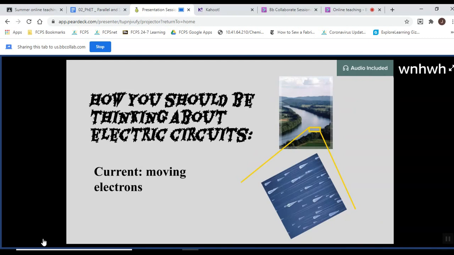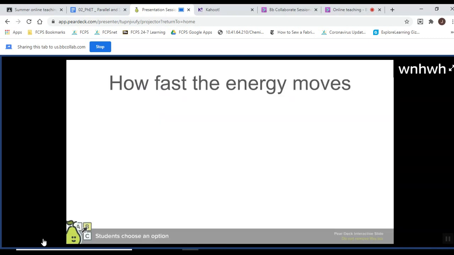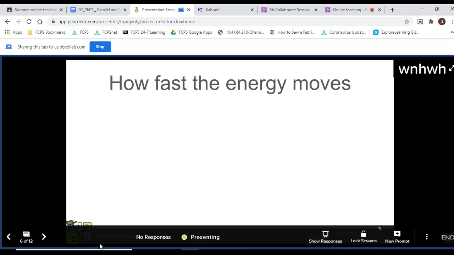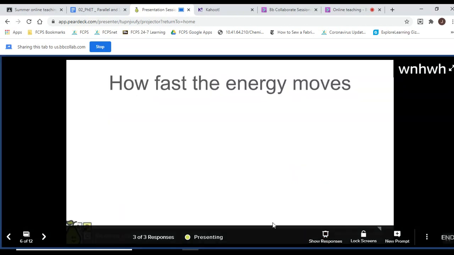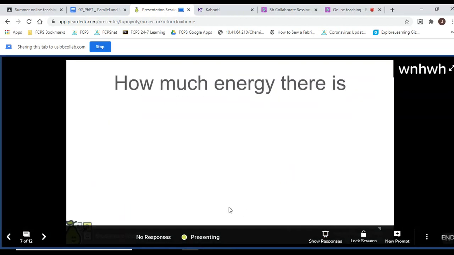So let's just do a quick understanding check. Pick the best word for how fast the energy moves. Okay, so how fast the energy moves is the current. Good job. How much energy there is.